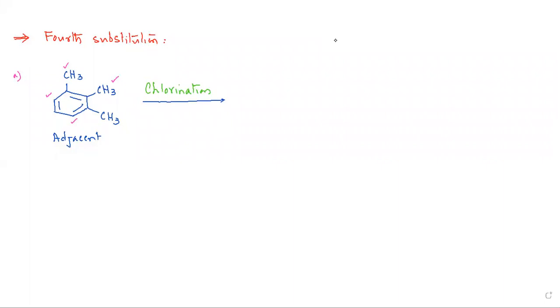Now, if you check for the second one, see for this, both the ortho are blocked. One para is available. Now, if you consider, say this, one ortho is blocked, another ortho is available, and even a para.